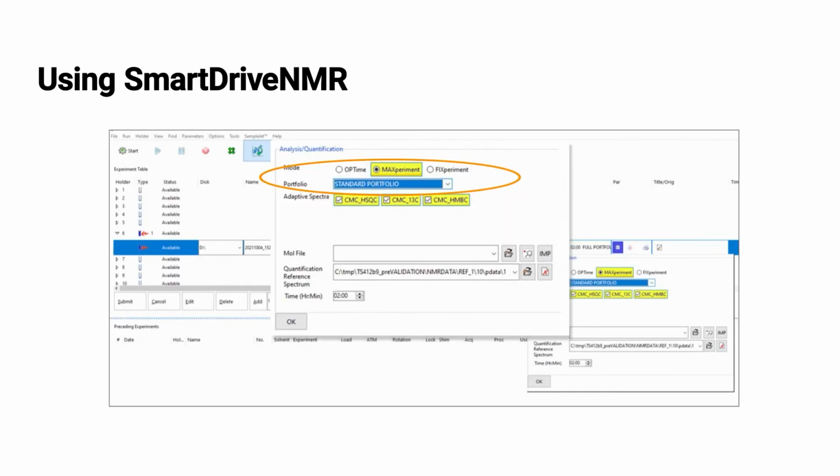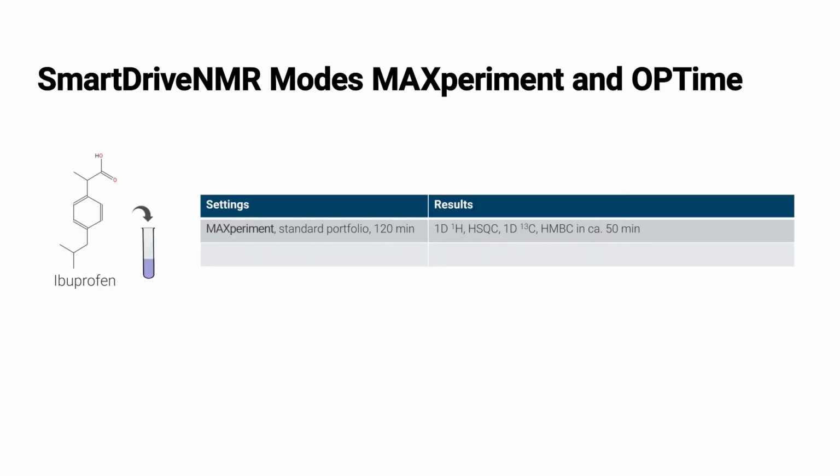Now, let's have a look at the other settings, and this is mainly the mode. The mode is very important because it influences how the portfolio is approached. Let's have a look. If we have a fairly small molecule in the NMR tube, here it's ibuprofen, let's start a measurement on this sample with experiment, standard portfolio, and 120 minutes.